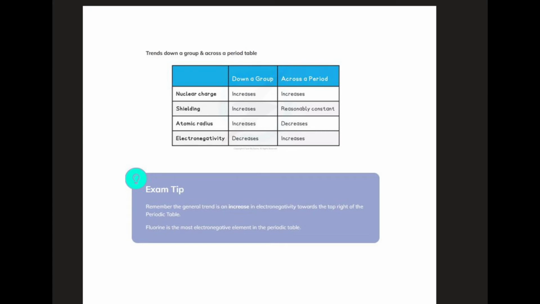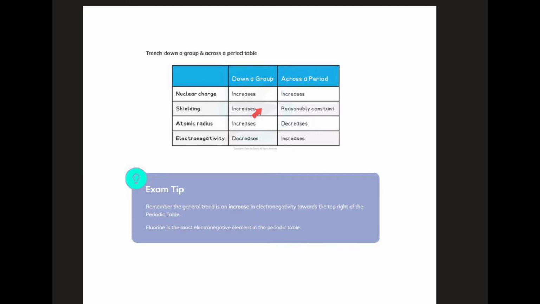Trend down a group and across a periodic table. Now down a group, nuclear charge increases, shielding increases. So this is the major factor, like what I said. When both are increasing, at the end you have to use shielding as the major factor.